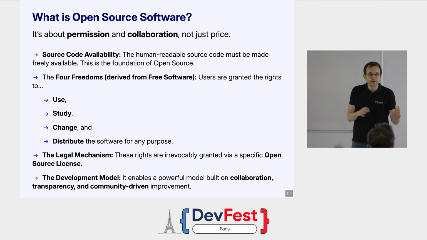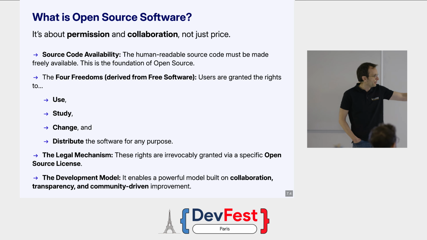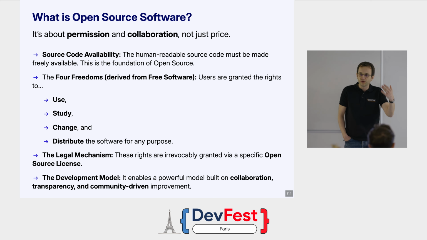But these four freedoms are not just informal promises, like, okay, I promise you can do that. No. There is a legal mechanism behind that. These freedoms are granted to you through an open source license, which can be considered as a contract, saying we give you those freedoms, and that's irrevocable. You cannot withdraw them afterwards.